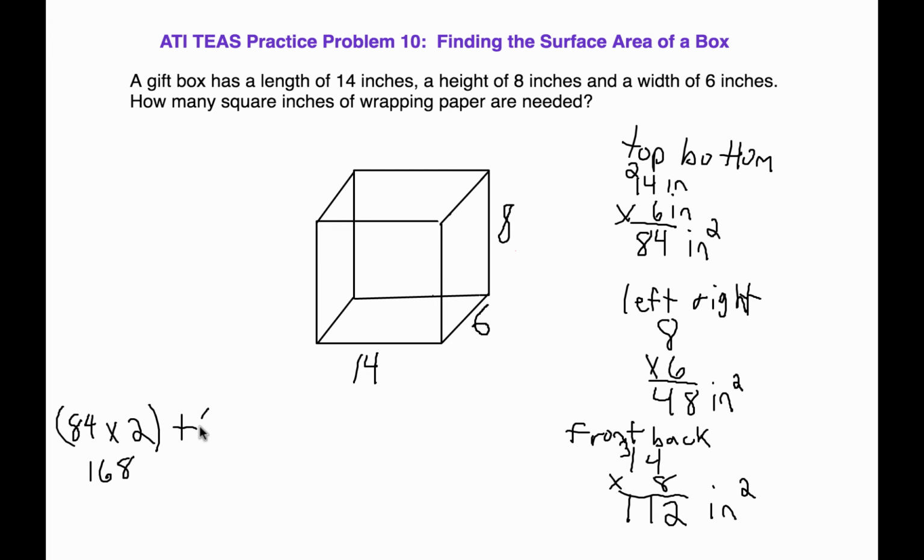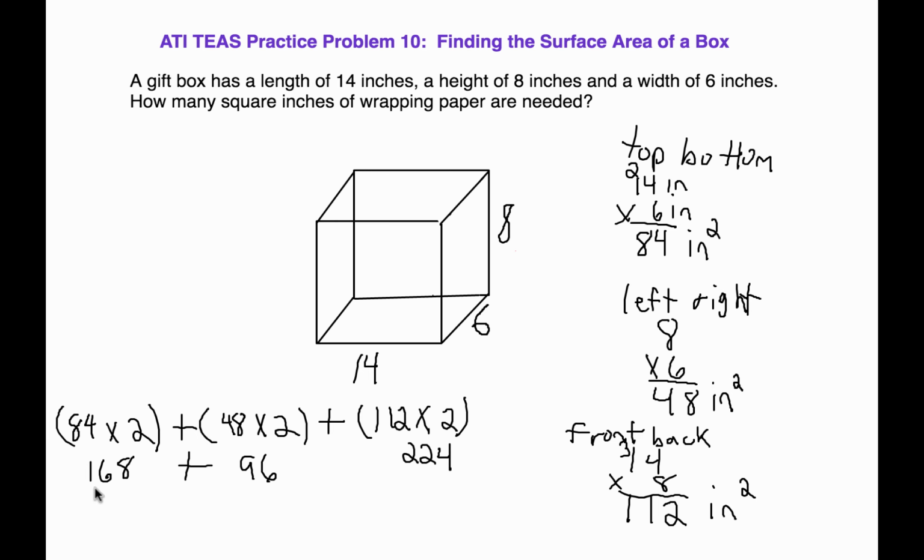Add that to the left and right dimension, which is 48, multiply that by 2, and we get 96. And then we get our front and back dimension, which is 112, multiply that by 2, we get 224.